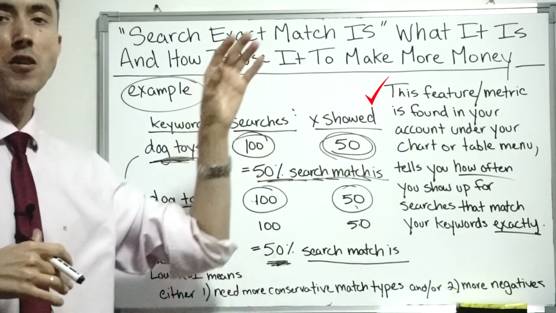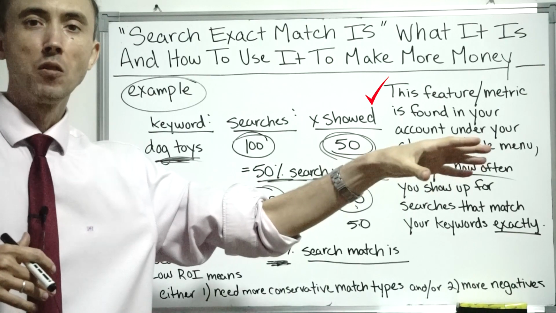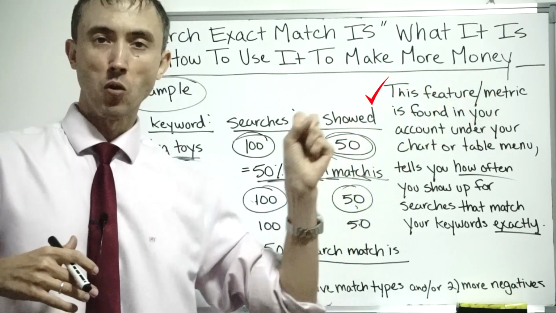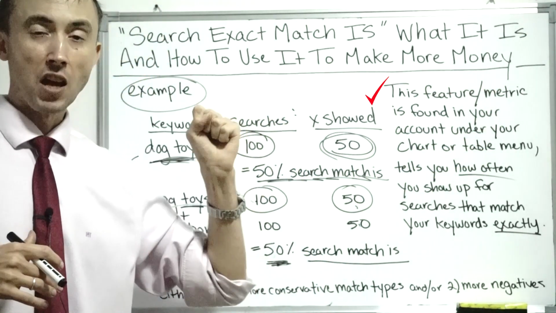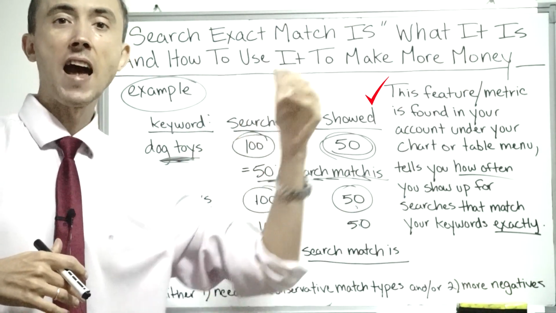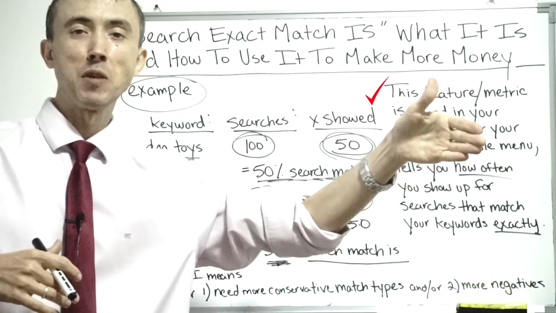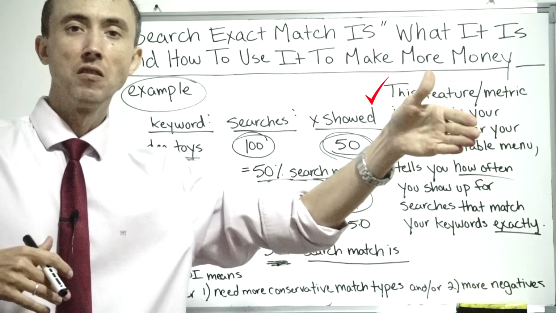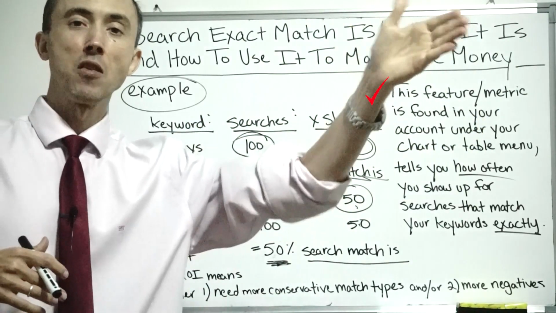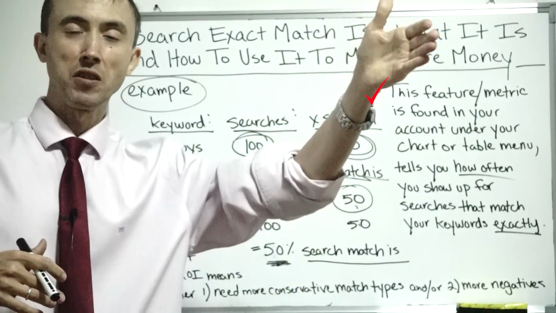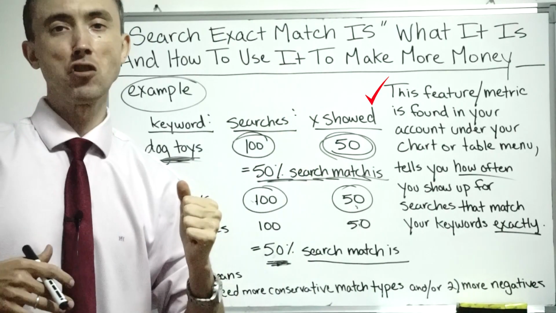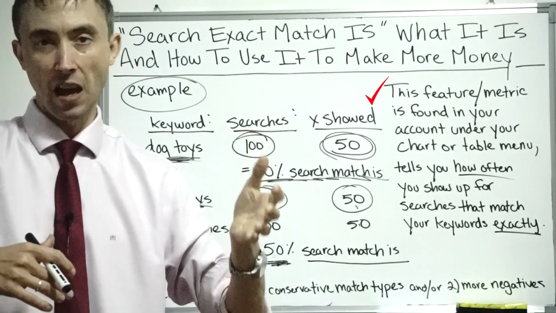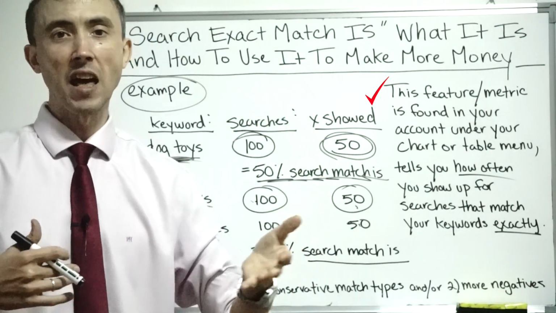So if 100 searches are made on Google for the keyword dog toy, for example, and you're bidding on dog toy, but your ad only shows up 65 times out of 100, 65 times out of those 100 times that dog toy was searched, your impression share is 65%, okay? Everybody kind of understands what that is.